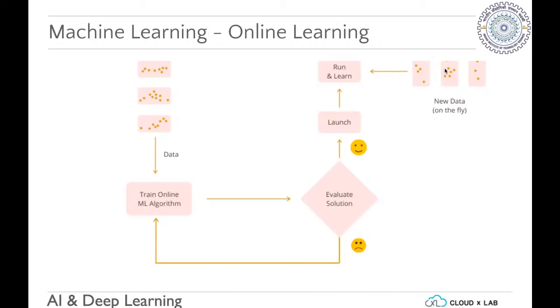And as the new data is coming, it's predicting and learning, predicting and learning. This way, the online learning is happening. So if your problem statement is that data will not come right now, data will come at a later point of time, you will have to keep learning and deploying automatically, those kinds of problem statements are called online learning.